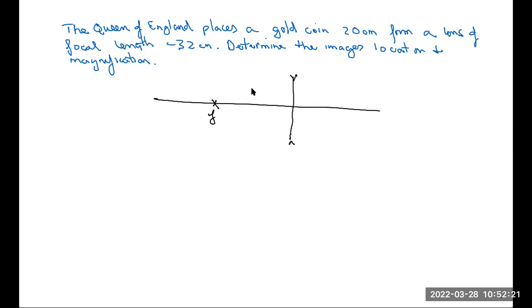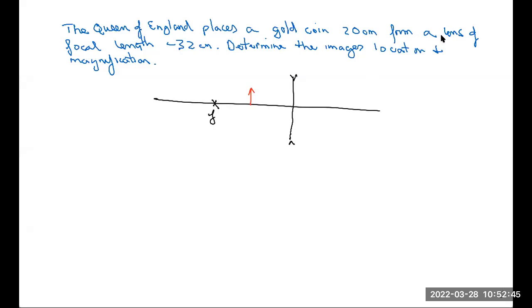And then I'm going to sketch the location of the object and start drawing some rays that are from the object, incident on the lens and refracted by the lens, and we'll construct the location of the image.